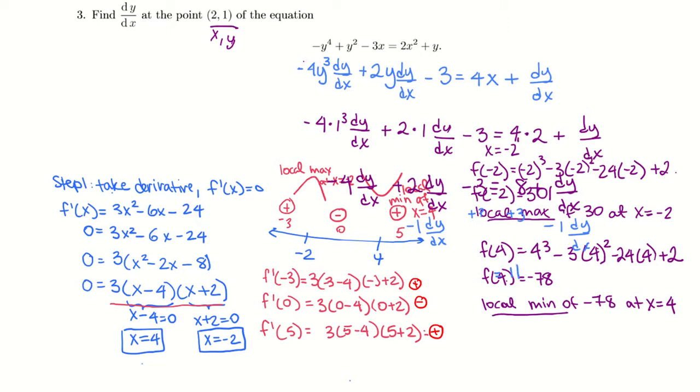That's going to give us negative 4 plus 2 minus 1 is negative 3 dy dx. And then to solve for dy dx, we would divide by negative 3. So our final answer is that dy dx is equal to negative 11 thirds at this point.